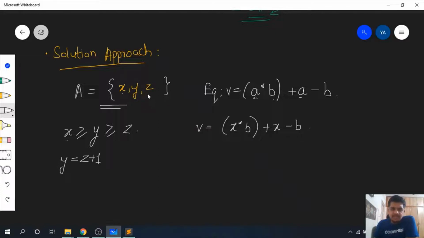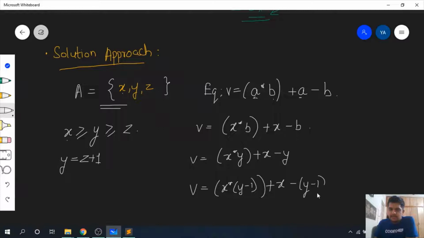First, let us check if b is y. Then v will be equal to x into y plus x minus y. Next, let us check if b is equal to z. Then what is the value of v? V is equal to x into y minus 1 plus x minus y minus 1.